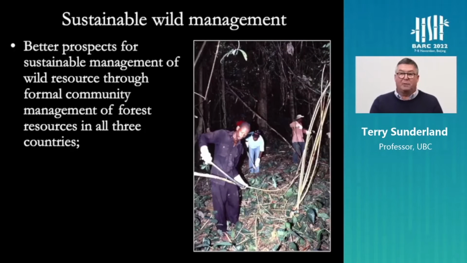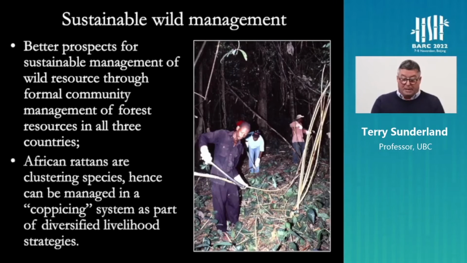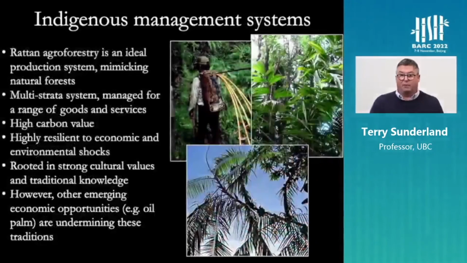Sustainable wild management, basically community management of forest resources, is shifting in importance in all three countries concerned, Ghana, Cameroon and Nigeria. And they're clustering species, most of the species that we're talking about here, so they can be managed in a coppice system as part of diversified livelihood strategies. And there's also rattan agroforestry, particularly in Southeast Asia. Rattan agroforestry can mimic natural forests in a multi-strata system, managed for a wide range of goods and services.